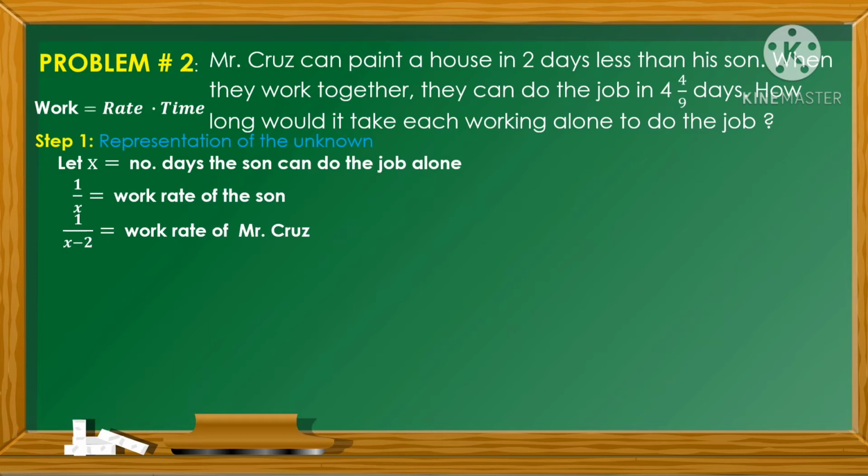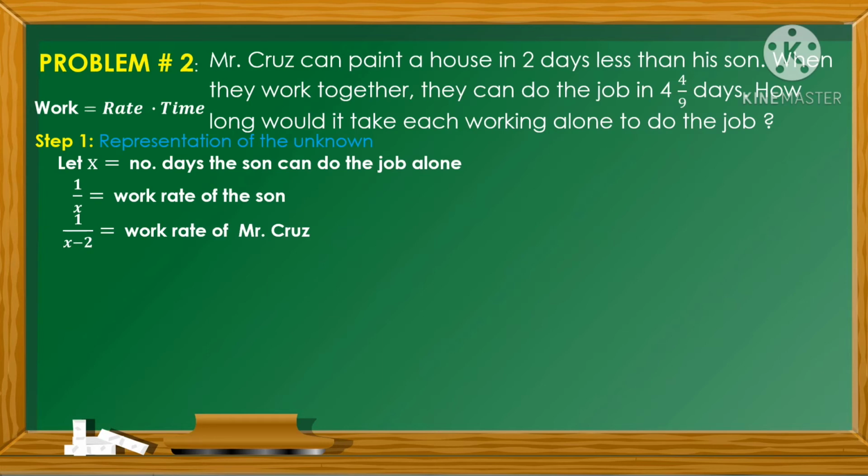So, ano ba improper fraction nito? It should be 40 over 9. Bakit 40 over 9? Yung 9 times 4, 36 plus 4, 40. Then copy the denominator 9. Okay? So, yun yung bilang ng araw na matatapos yung pagpipaint kung silang dalawa ay mag-work together.